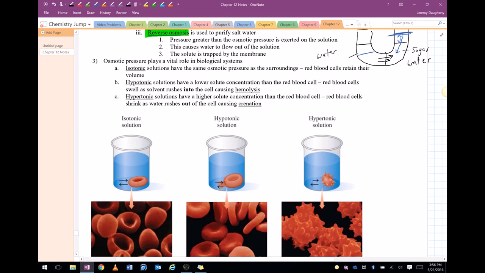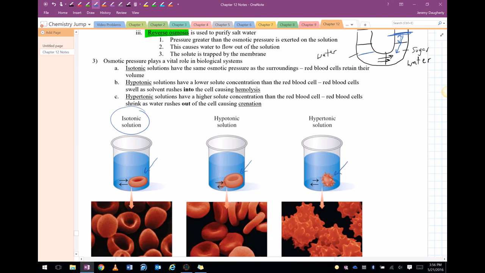And then of course osmotic pressure plays an important role in biology as well. Here we see a red blood cell, and we're putting it in three different types of solutions. So we have an isotonic solution, which is the same concentration of water in and out of the red blood cell.